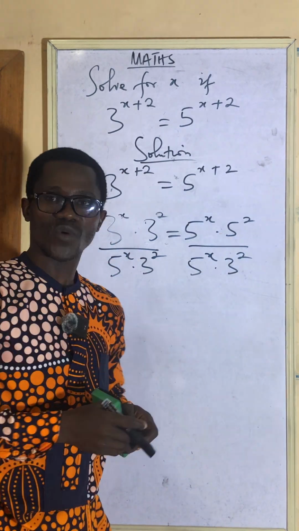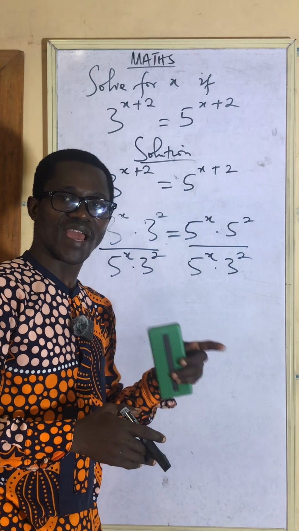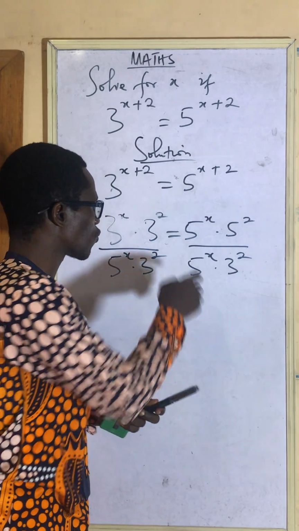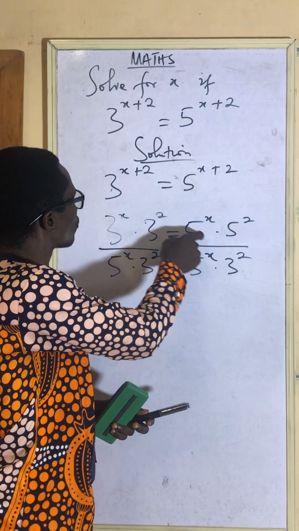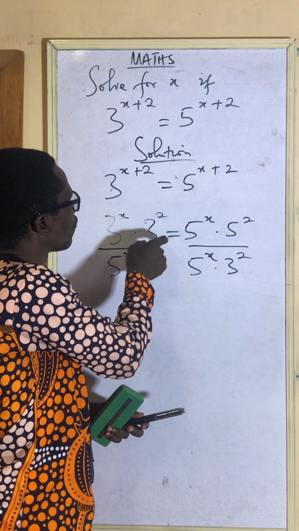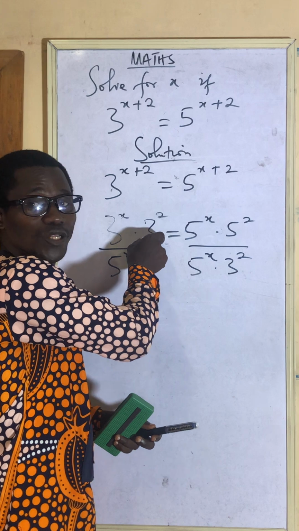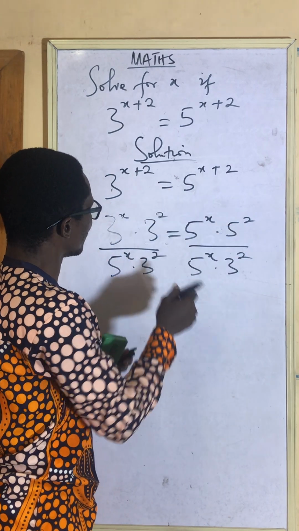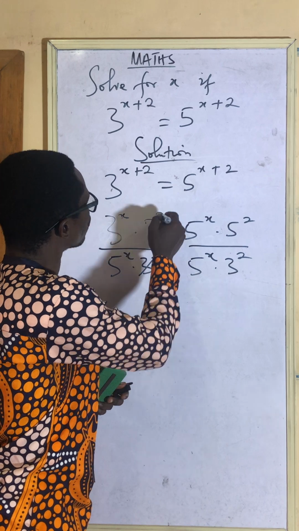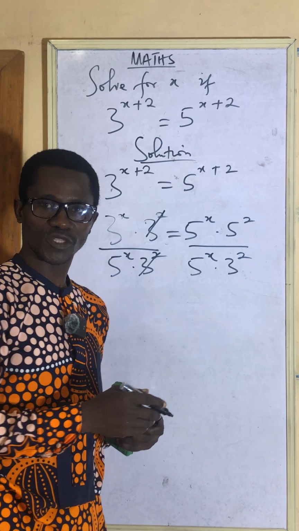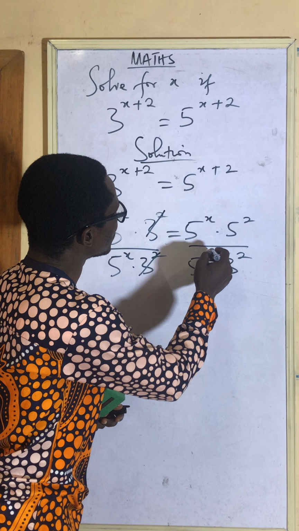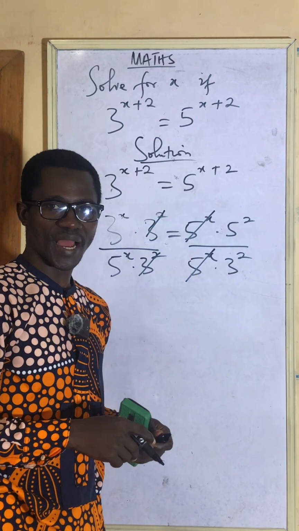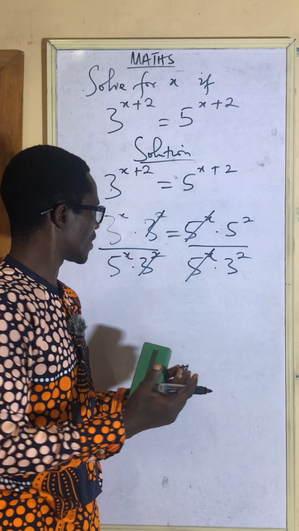The reason why we are dividing both sides by 5 raised to power x times 3 raised to power 2 is because we want this 5 raised to power x to come to this side, and we want this 3 raised to power 2 to go to the other side, such that this 3 raised to power 2 will cancel this 3 raised to power 2, and this 5 raised to power x will cancel this 5 raised to power x because they are the same.